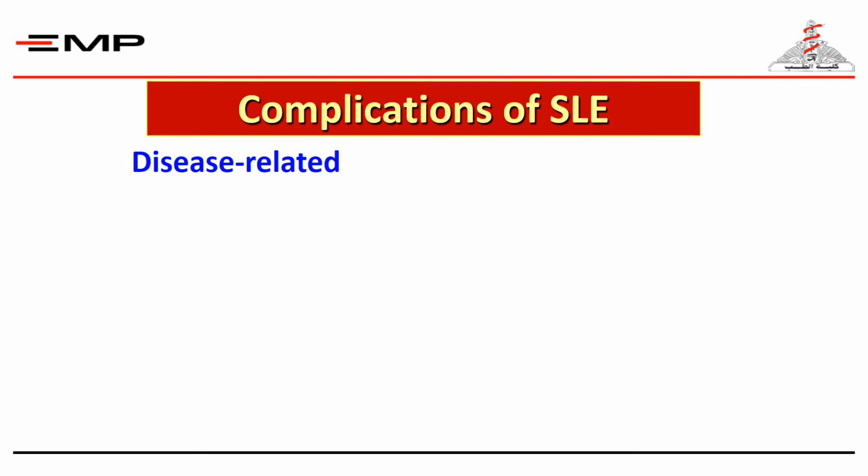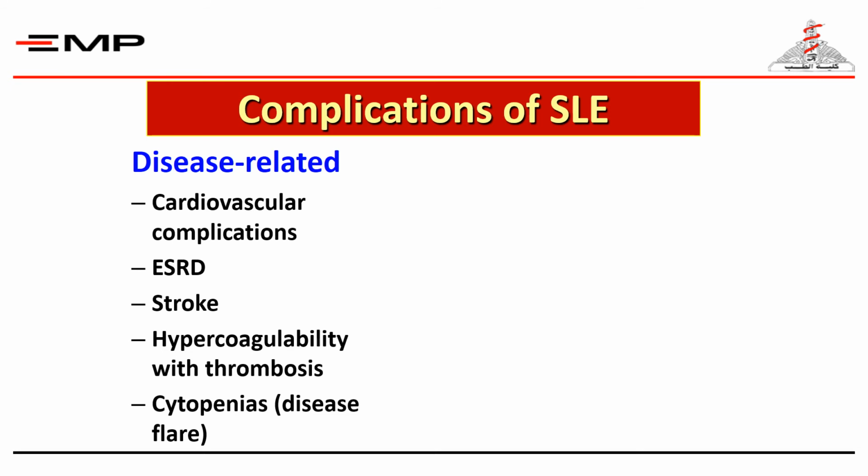Complications of lupus. It may be disease related, like cardiovascular complications, end-stage renal disease from lupus nephritis if untreated, cerebrovascular strokes, hypercoagulability with thrombosis, and cytopenia due to disease flare, or treatment related complications as we said.